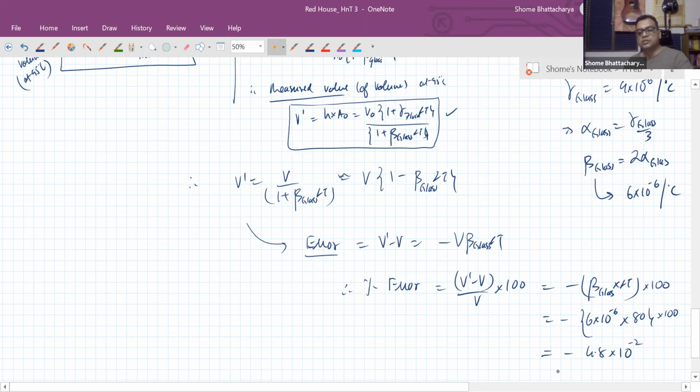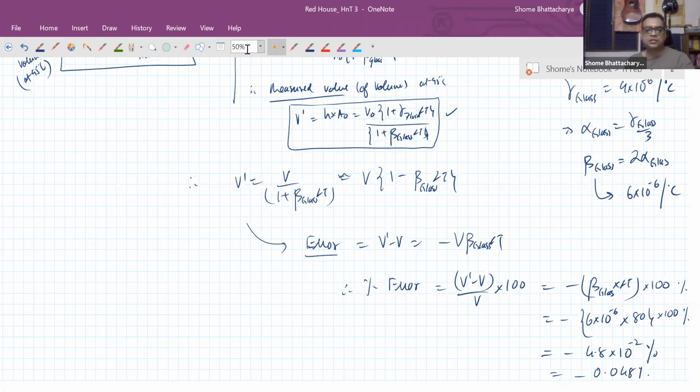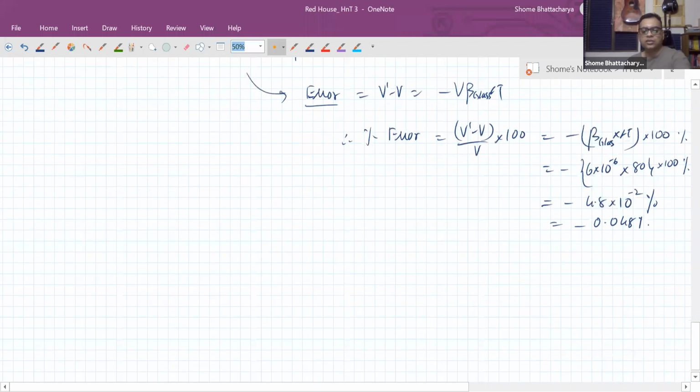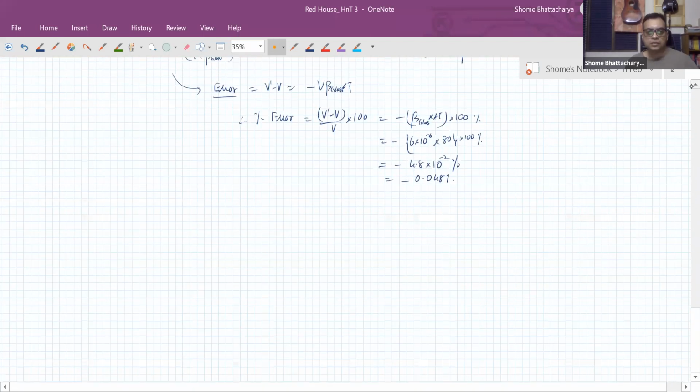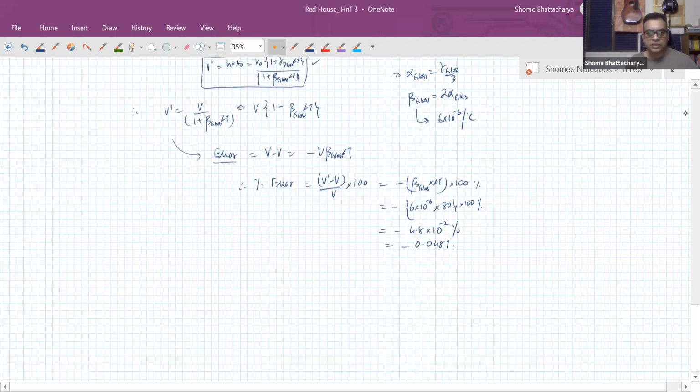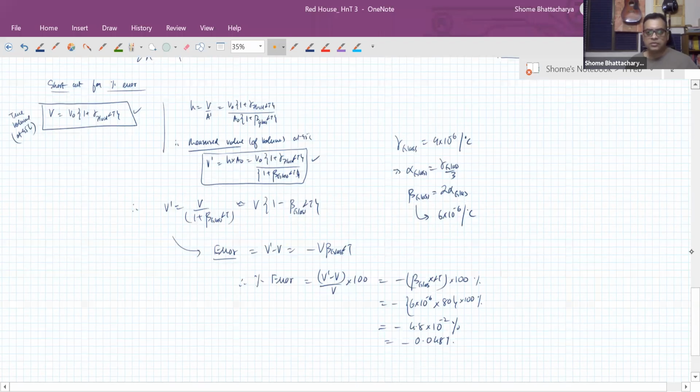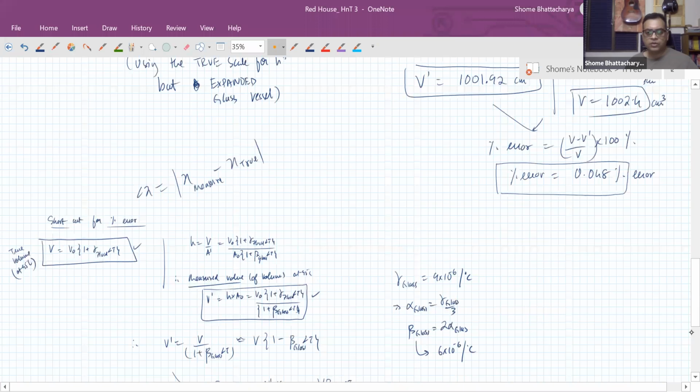So you can see that it's minus 0.048%, which is what we had got basically. This is the value that we had got. It's almost the same. Yeah, we got it the same. Not almost, it was the same.